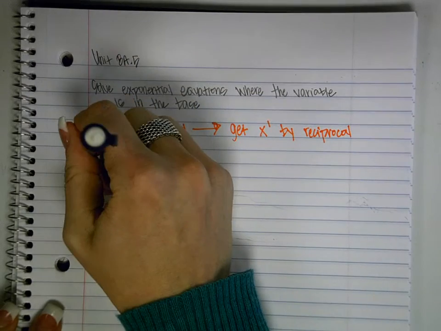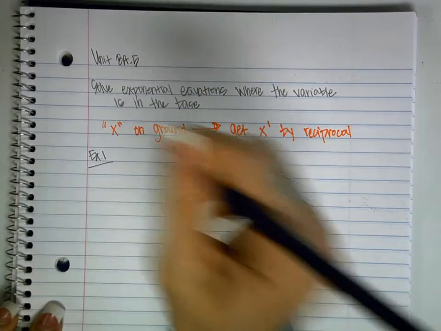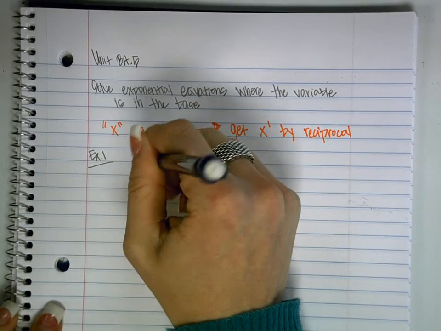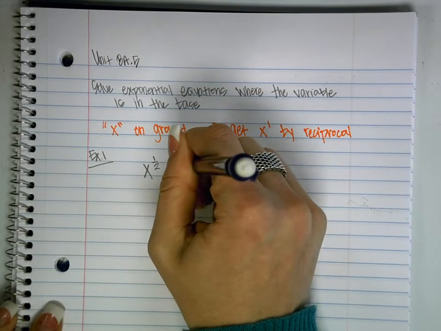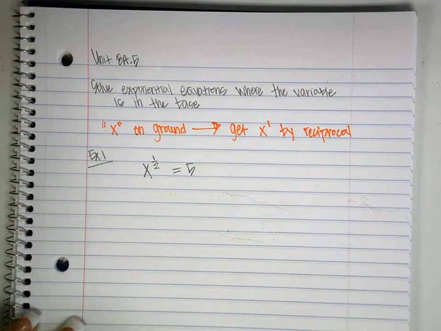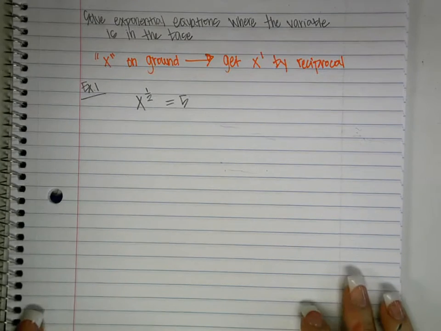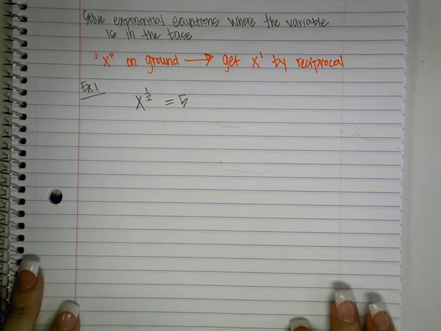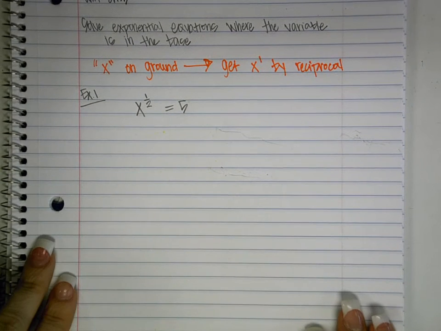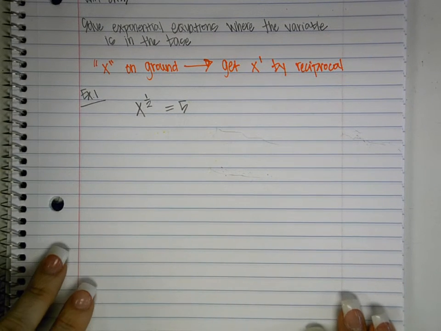For number one, I only have 5 examples today. If we have x to the 1/2 equals 5, remember, what we're doing today is review from unit 7, so you have seen this before. What am I going to have to do?